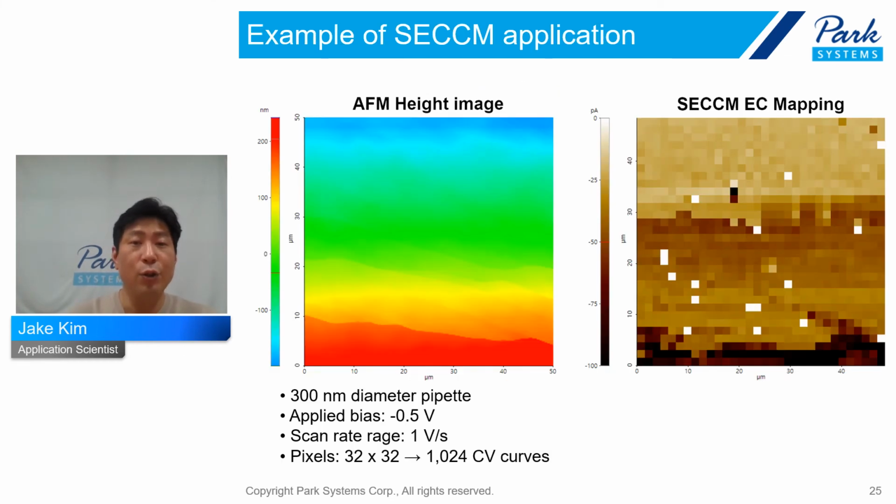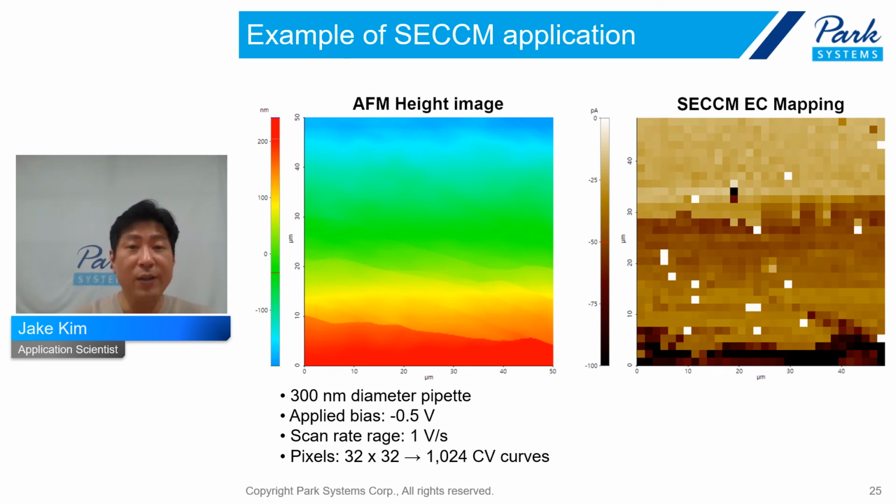This slide shows the AFM image to determine the surface morphology and the SECCM mapping to estimate the EC signal contrast on the sample surface of two different materials. Here are the HOPG and ITO substrates. Using confined meniscus contact at the working electrode, nanoscale imaging can distinguish the EC signal of the graphene basal plane, the multi-layered graphene, and the graphene on the conductive substrate.